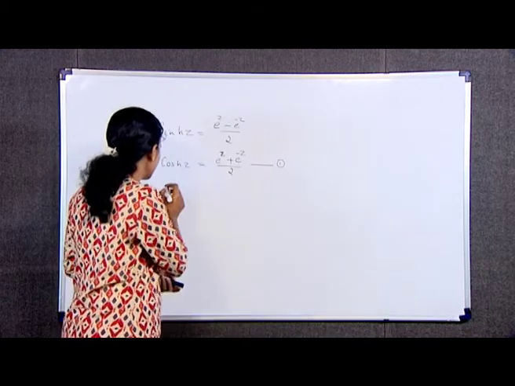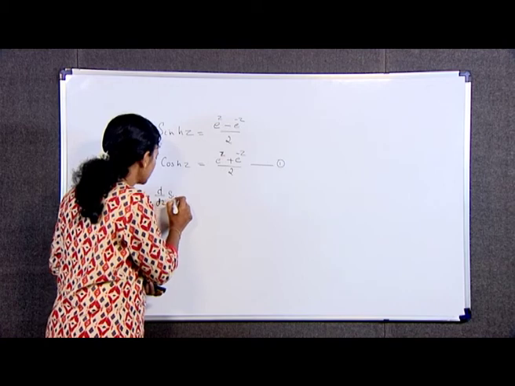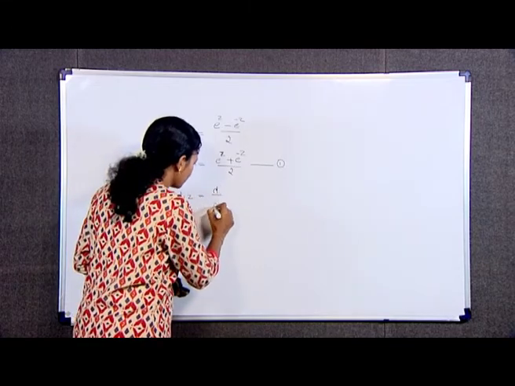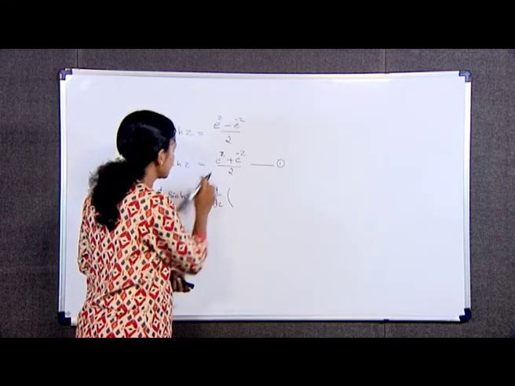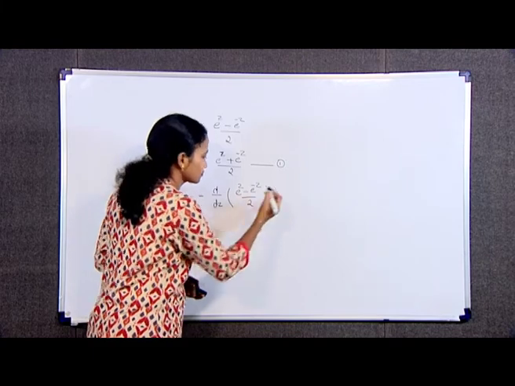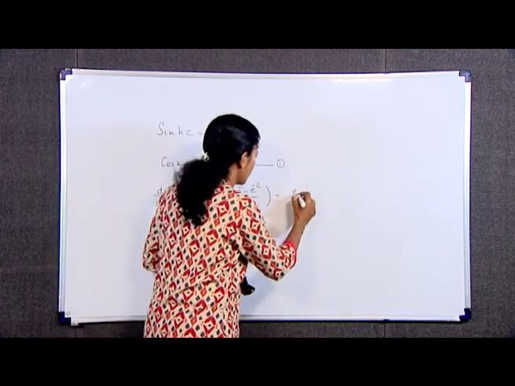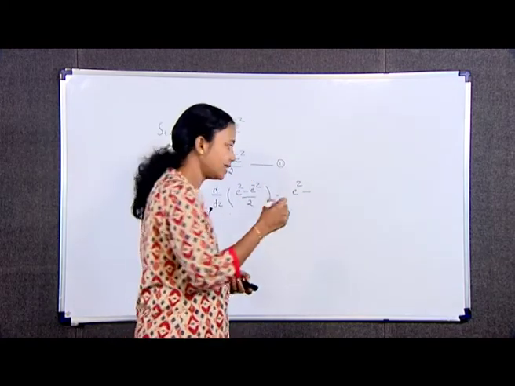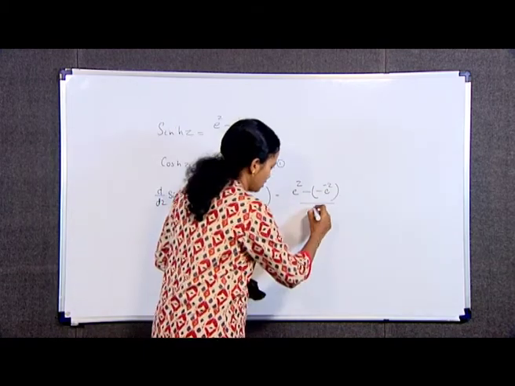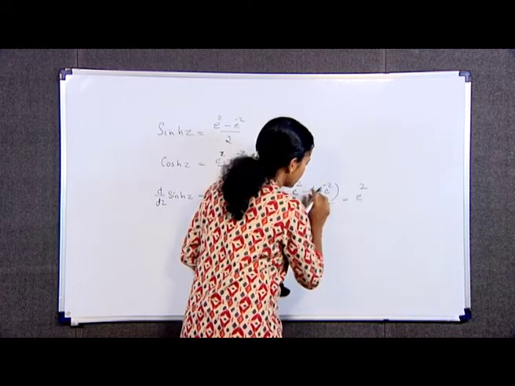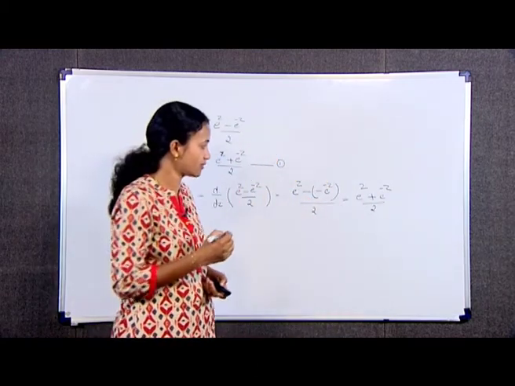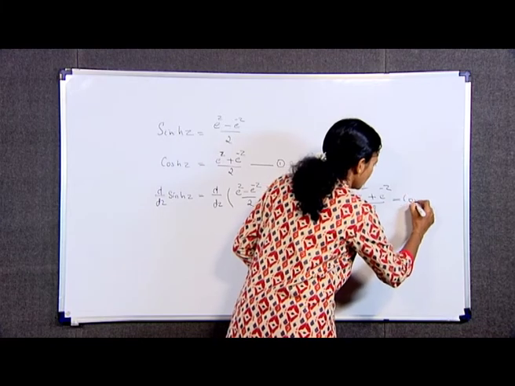Also, d by dz of sinh z is equal to d by dz of, instead of sinh z we can write, (e^z minus e^(-z)) by 2, which is equal to (e^z minus minus e^(-z)) divided by 2, which is equal to (e^z plus e^(-z)) by 2, which is our cosh z.